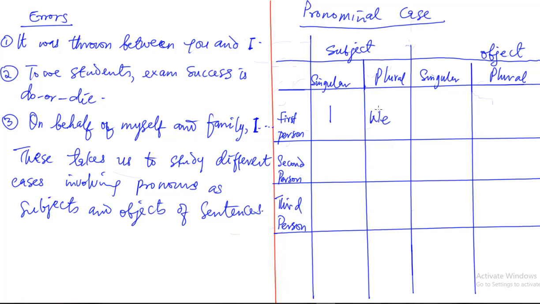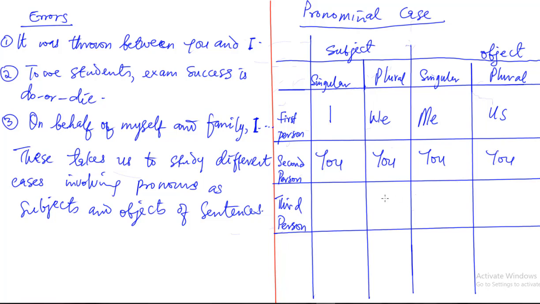So in object you will have me, and in plural you will have us. Second person, you have you, singular, and you still have you, plural. In object, you still have you, singular, and you, plural.